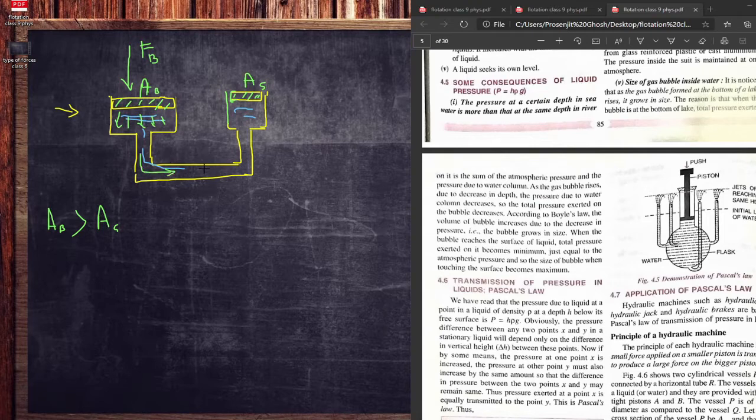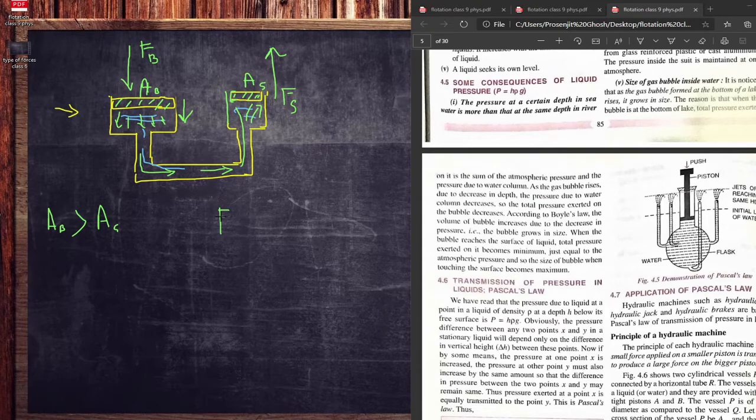It will even pass that force through the liquid to the other piston. So due to the applied force, this piston will move down, and this piston, by channeling the applied force, will move up. And as the area is less, the second piston, that means the smaller one, will move more up over there. We can show mathematically how much force it is experiencing.